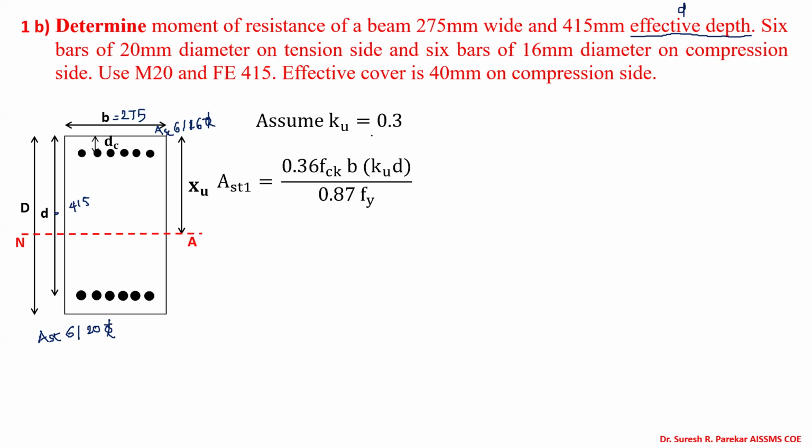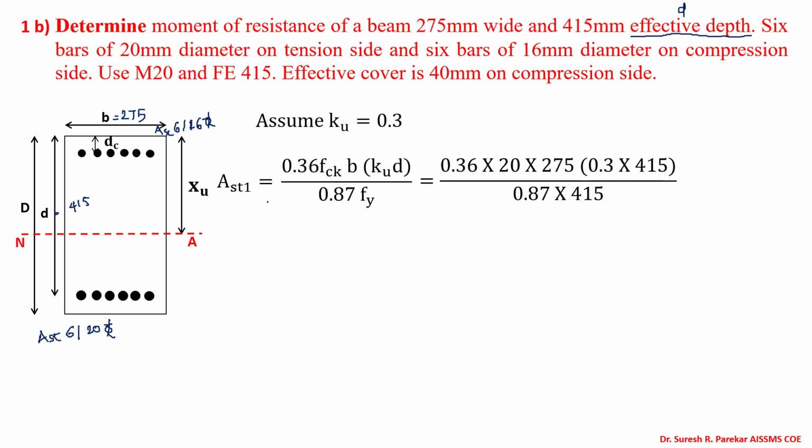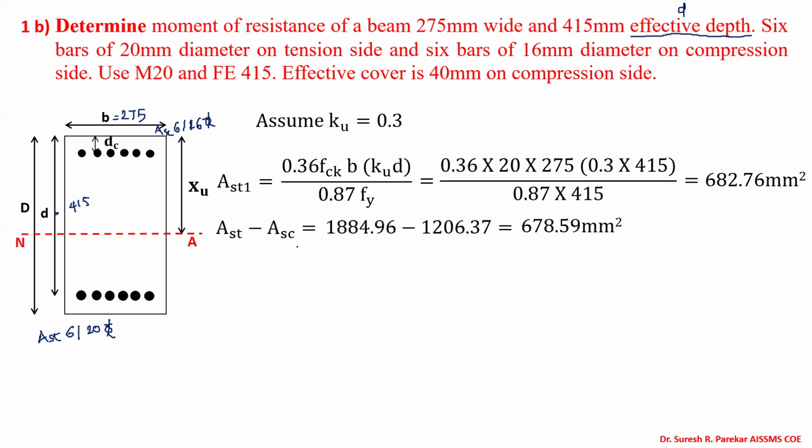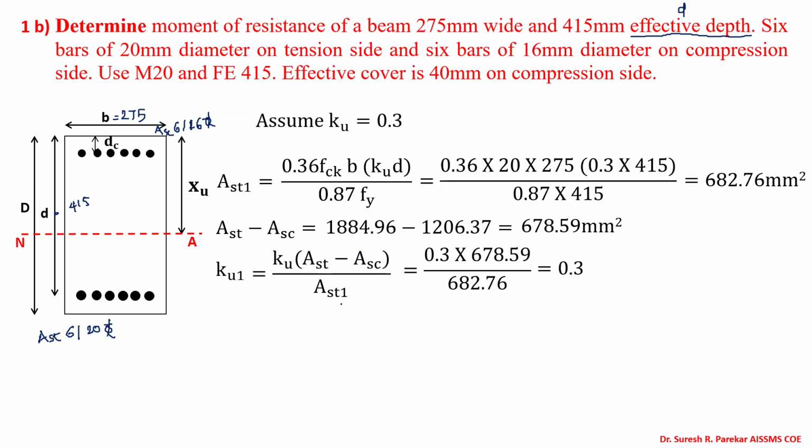Then we have to assume Ku. These steps we have already seen yesterday. So calculate Ast, we have 682.76 millimeters square. Then Ast minus Asc we have 678.59. Then we have Ast minus Asc upon Ast1. We have this value that is 0.3 and then epsilon sc.